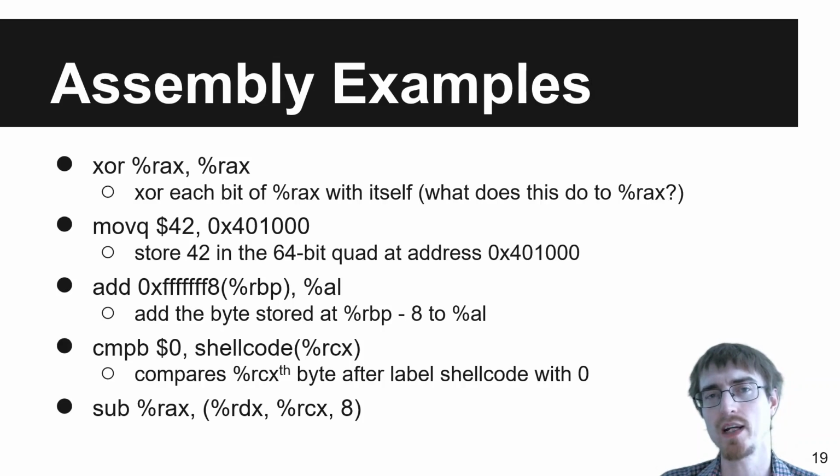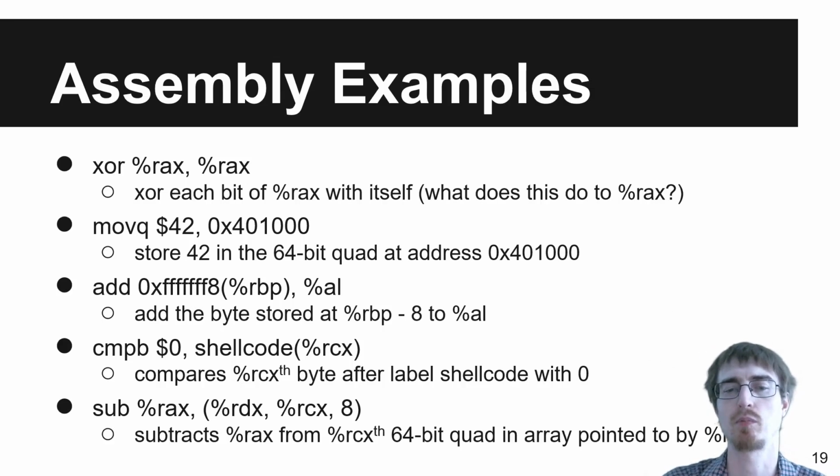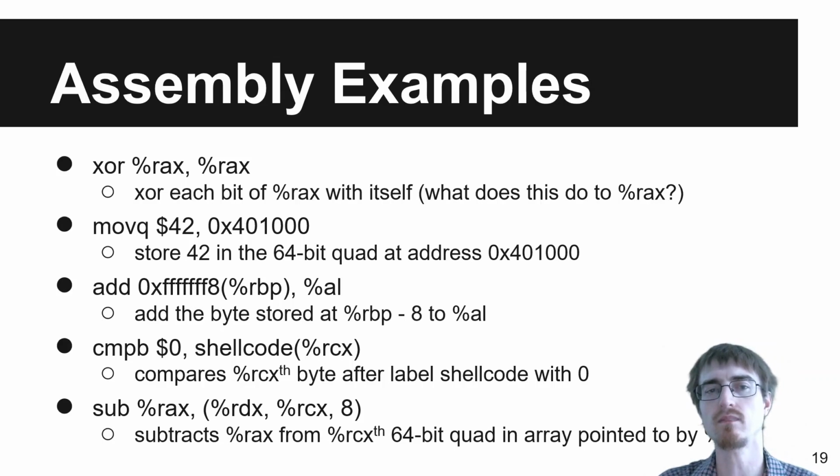Now, as for the subtraction, the source value is subtracted from the destination value, and it is stored again in the destination. This means we take the array element, subtract REX from it, and then store the result back in the same spot. Okay? Well, I hope you understood. Of course, if you don't, feel free to ask in the Q&A session or on the discussion board or otherwise.